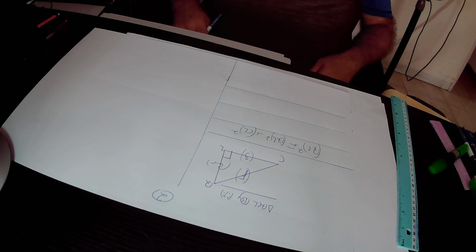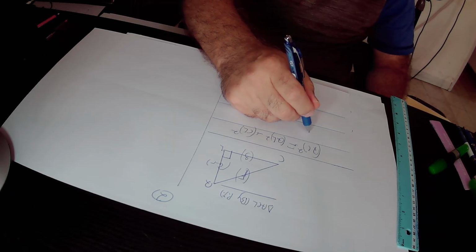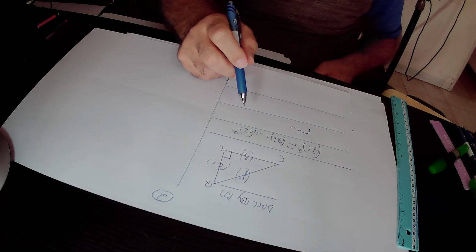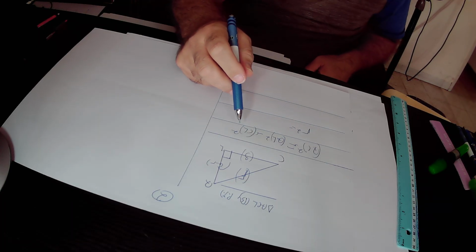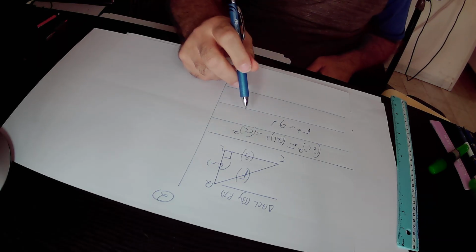The hypotenuse QC equals R, therefore QC squared is R squared. And it equals QL squared. QL is 3, therefore QL squared is 3 squared, that is 9, plus CL squared.